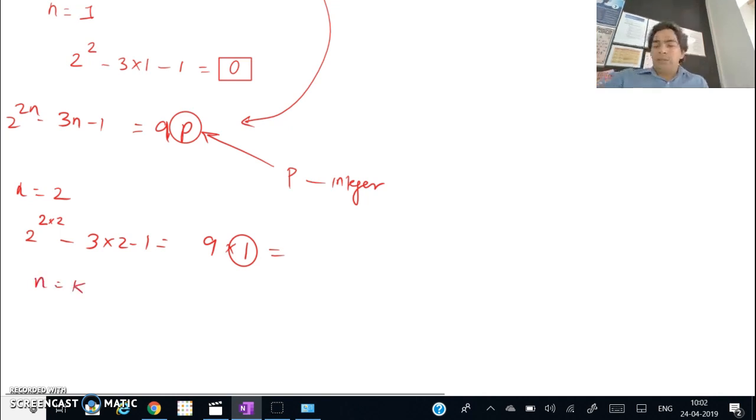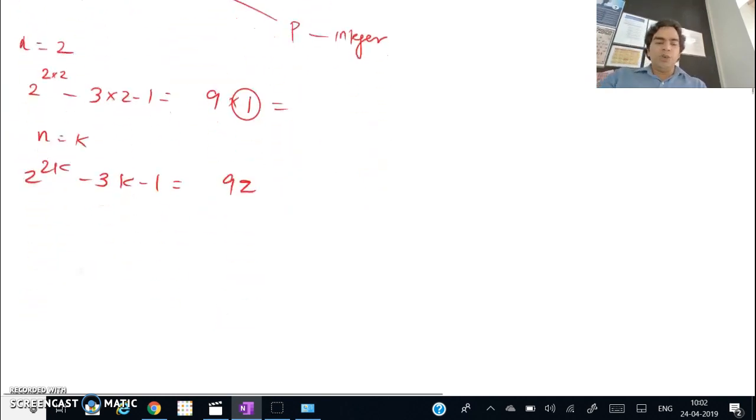Now let us assume that this is true for n equals k. So 2 to the power 2k minus 3k minus 1 is an integer multiple of 9. I can take a different integer, 9 times z. If this fact is holding true, we can prove the final step, the inductive step, which is n equals k plus 1.